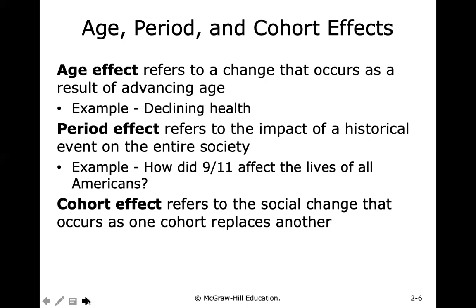A cohort effect is one where we see a social change that occurs as one cohort replaces another. By that, I mean the silent stoic generation, a cohort in and of itself.